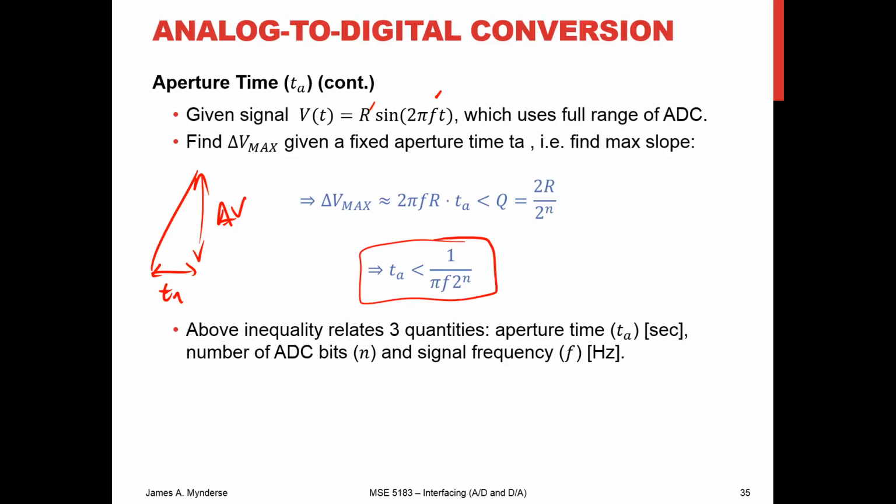So we have an inequality that says if you're not going to have any mistakes associated with the aperture time, then you need to relate the maximum signal frequency, the number of bits, and the aperture time. And so you can look at a particular signal and identify if it's going to be having excessive error. You can decide if the aperture time associated with an ADC is small enough or not, and you can decide if you might need more bits. So we can relate all those.